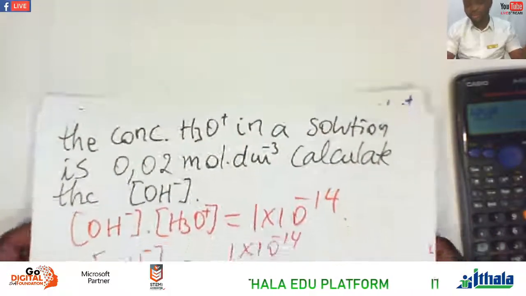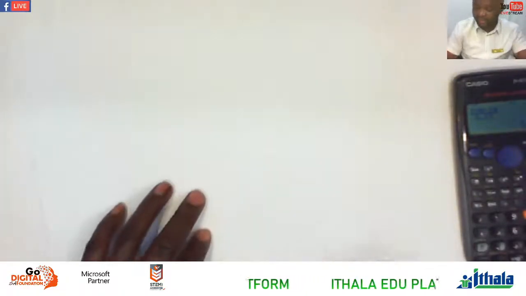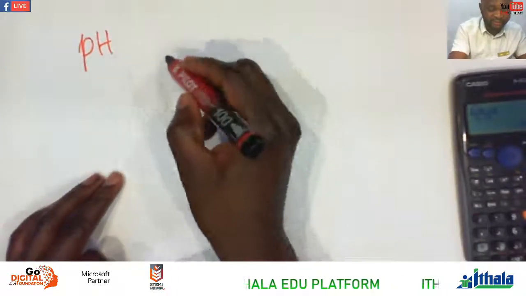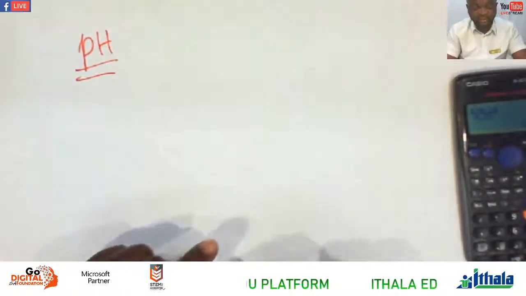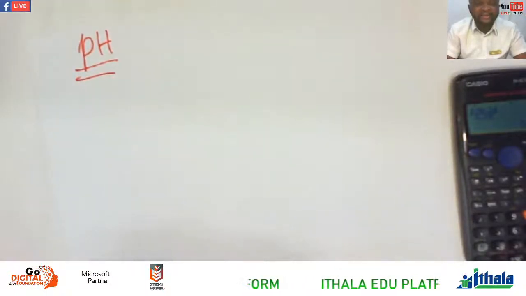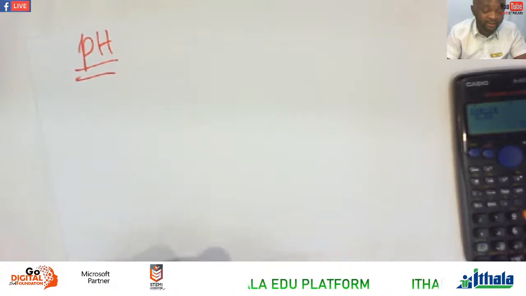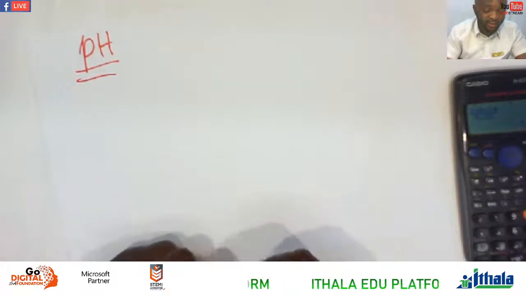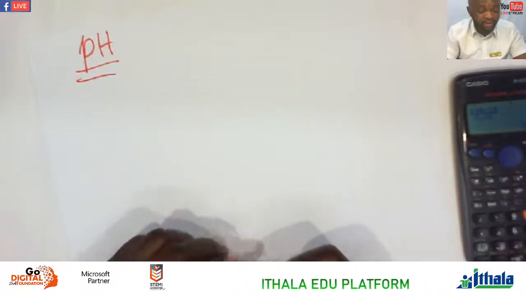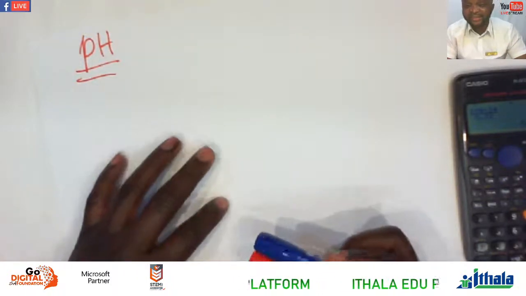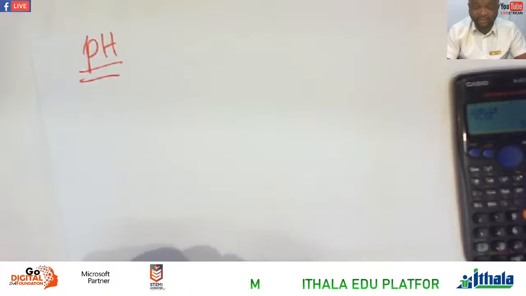pH. We are going to talk about pH. Last time we said the pH scale is a set of numbers ranging from 0 to 14 that indicate how acidic or basic a substance is.